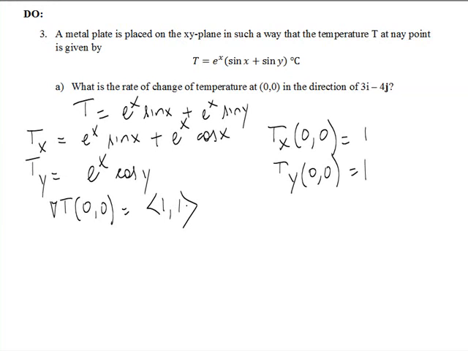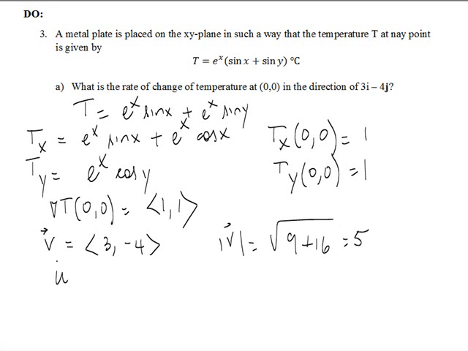Now we need to find the unit vector in this direction. If this is the vector v, 3, negative 4, its length is the square root of 9 plus 16, which is 5. And so the unit vector is 3/5, negative 4/5.